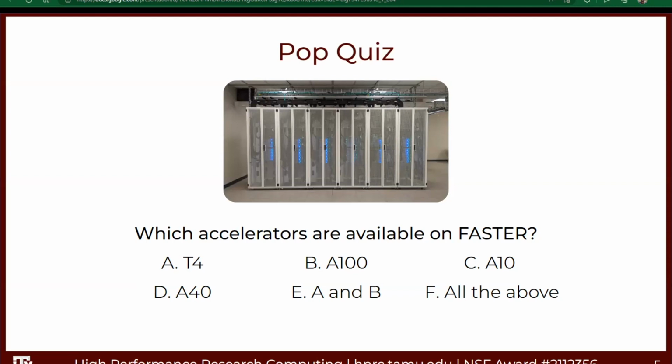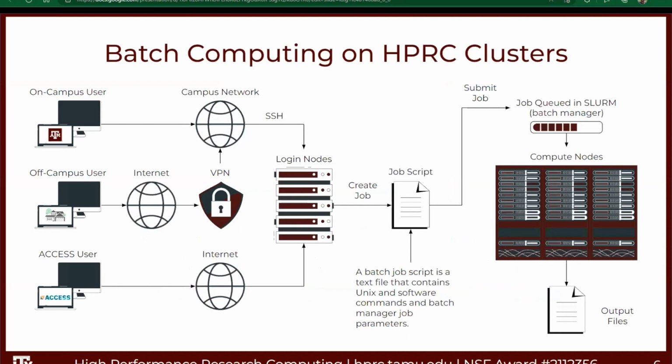Now we'll move to how to access these resources. We use this through batch computing. Users connect to the login nodes, and there are multiple ways to do that. We'll show this in the next slide.